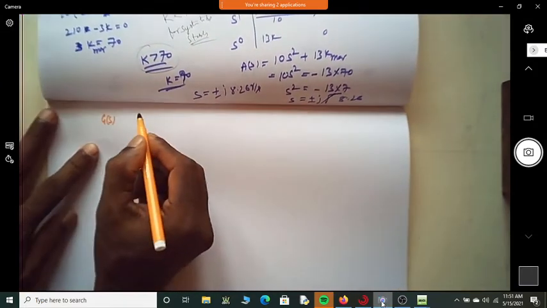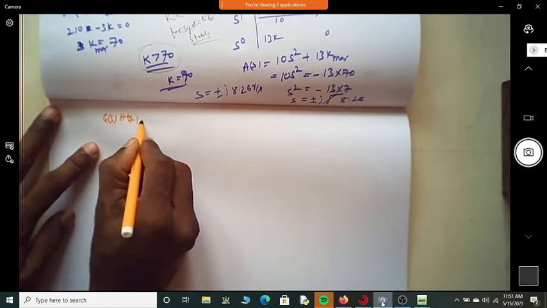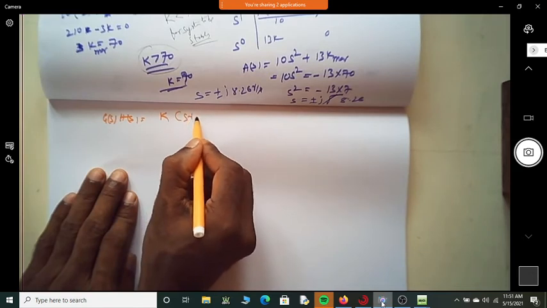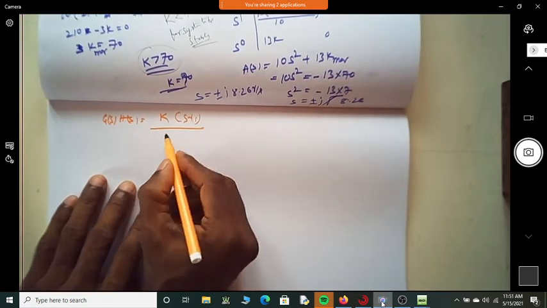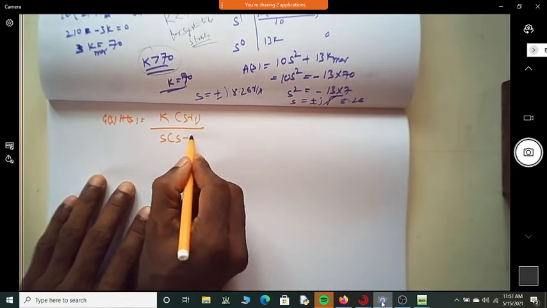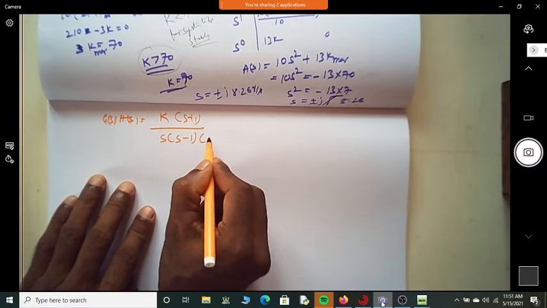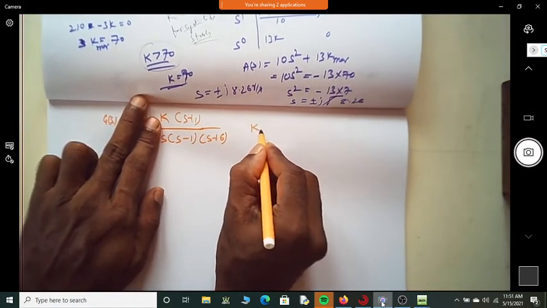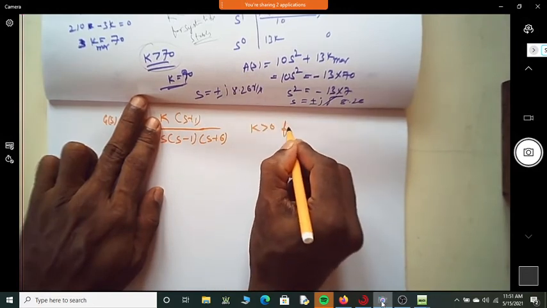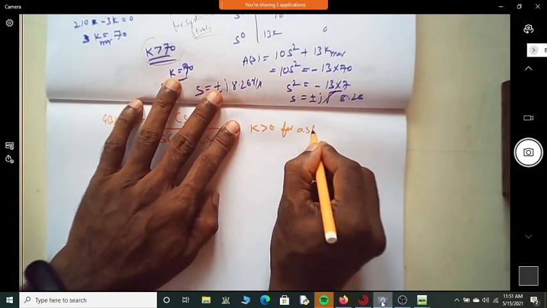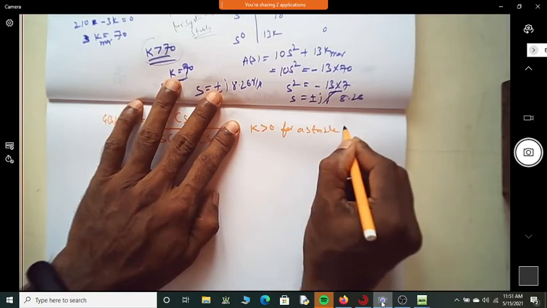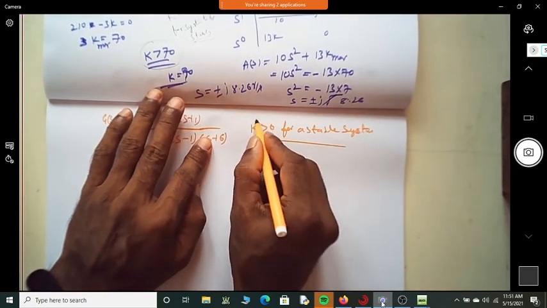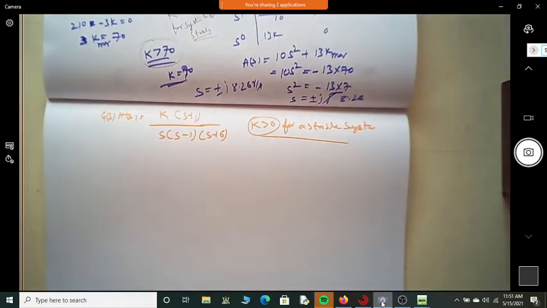G(s) H(s) is equal to k into (s plus 1) divided by s into (s minus 1) into (s plus 6). Find the value of k greater than 0 for a stable system.